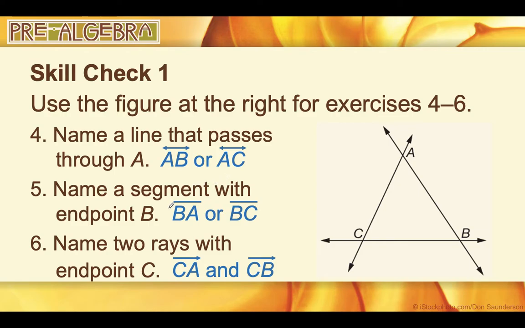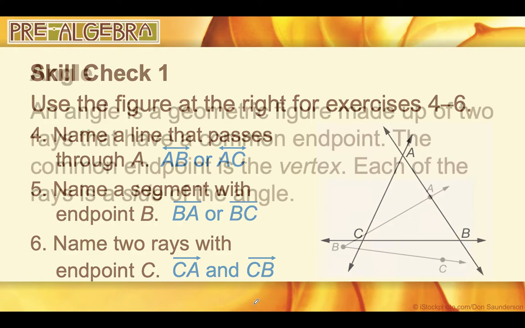What about a segment with an endpoint of B? Well, we've got segment CB or segment BC and segment AB or segment BA. Name 2 rays with the endpoint of point C. So the endpoint has to be point C. And those are the only 2 answers that would be accepted.